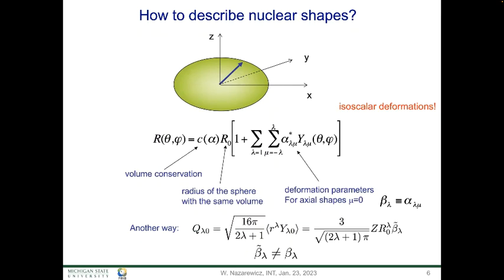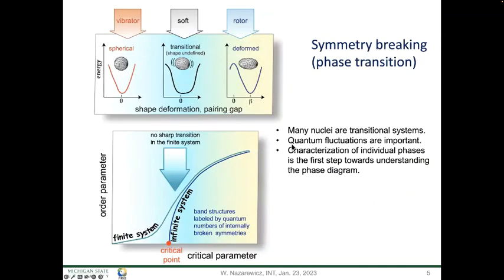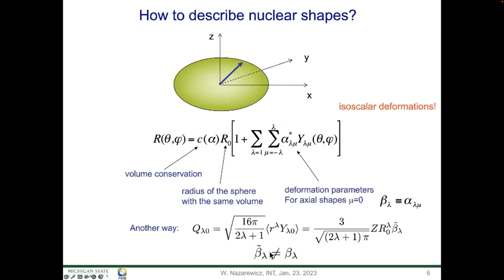Okay, and there is of course no relation between those two quantities, this beta here from this radius expansion. Sorry, PowerPoint sometimes changes the slides for me. So those deformations from the moments and those deformations from the shape expansion are not identical.